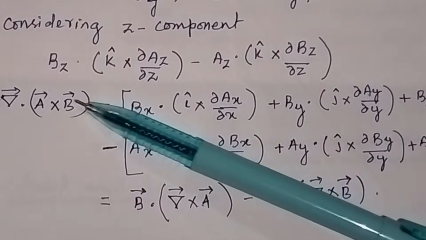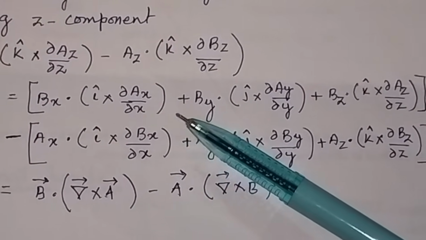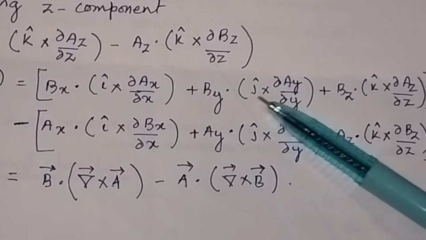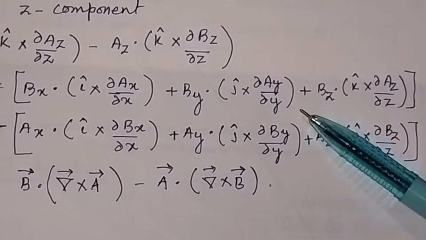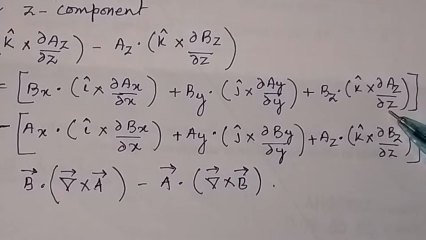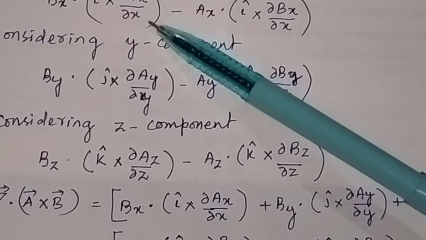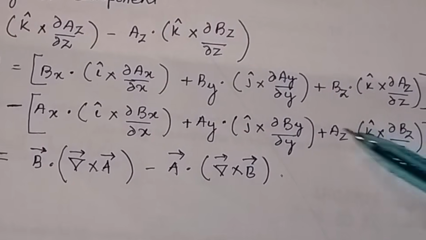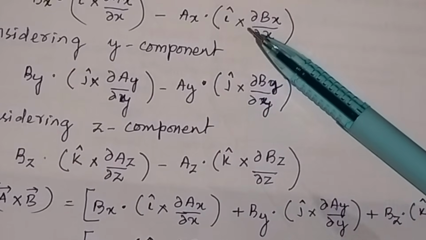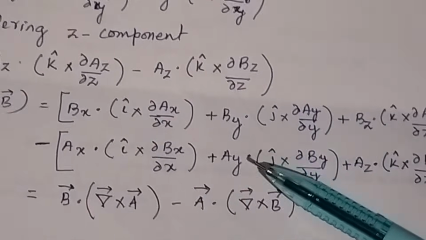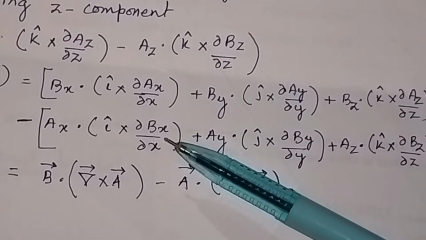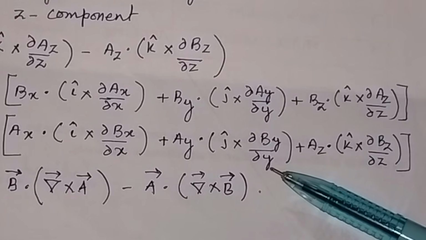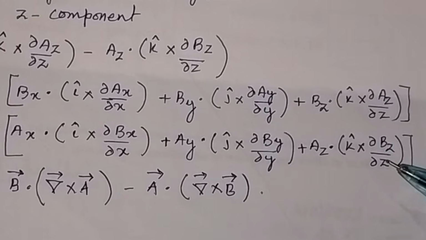The divergence of A cross B will be equal to, in the first bracket, Bx dot i cap cross partial derivative of Ax with respect to x plus By dot j cap cross partial derivative of Ay with respect to y plus Bz dot k cap cross partial derivative of Az with respect to z, minus, in the second bracket, Ax dot i cap cross partial derivative of Bx with respect to x plus Ay dot j cap cross partial derivative of By with respect to y plus Az dot k cap cross partial derivative of Bz with respect to z.